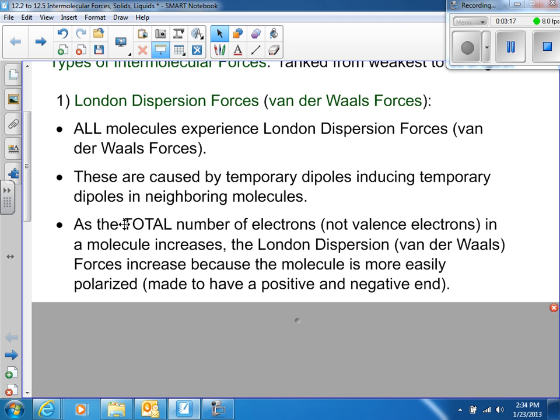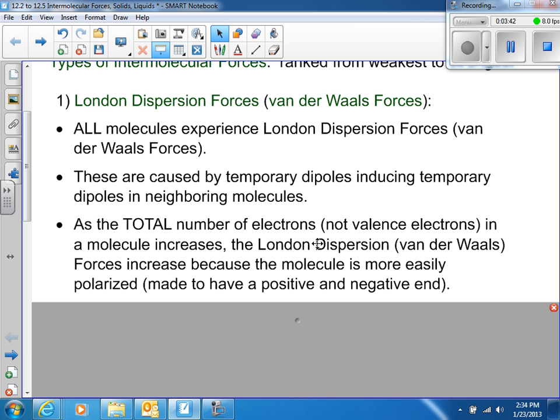You want to count the total number of electrons if you're comparing the strength of London dispersion forces between two molecules. All right. If you're comparing which molecule has stronger London dispersion forces, the molecule with more total electrons will have stronger London dispersion forces.